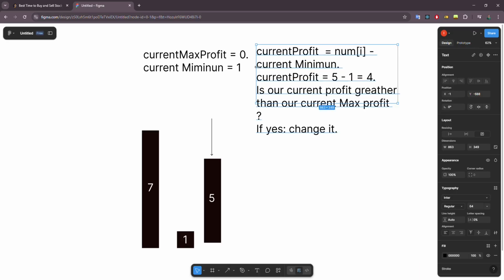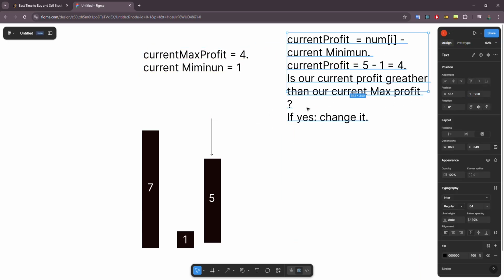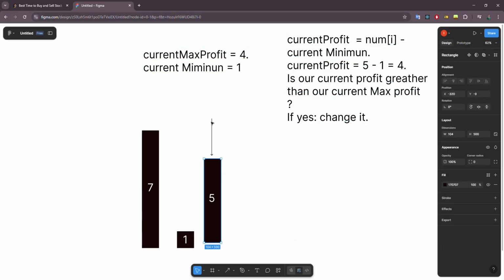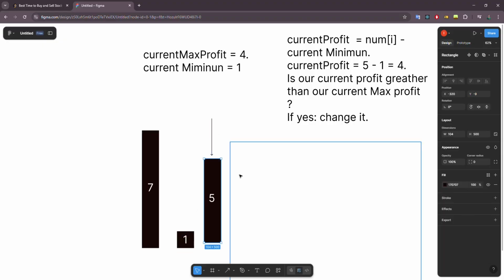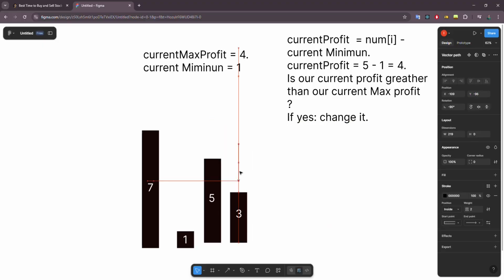Okay, so now we have a maximum profit of 4, and because this number is greater than our current minimum, we don't need to change it, because if we have a stock price greater than this, we can buy here and sell in the other stock price. So let's move.